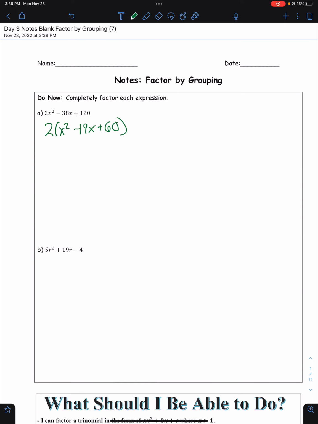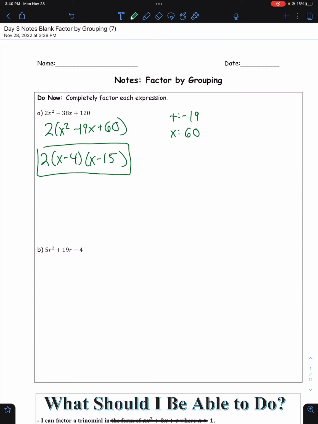Now we need to think, okay, two numbers that add to negative 19, multiply to positive 60. That would be negative 4 and negative 15. So that'd be 2 times (x minus 4) times (x minus 15). Can I factor any more? No, that's good. Voila, that is my answer.